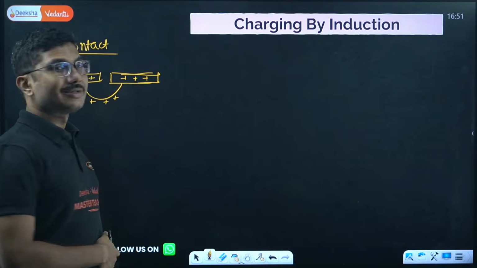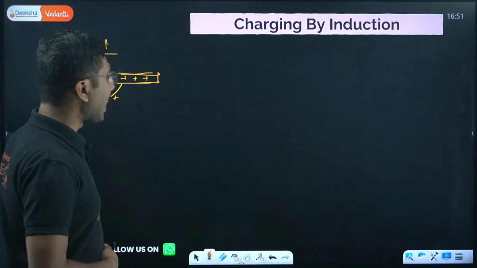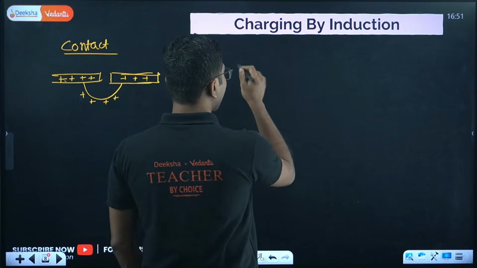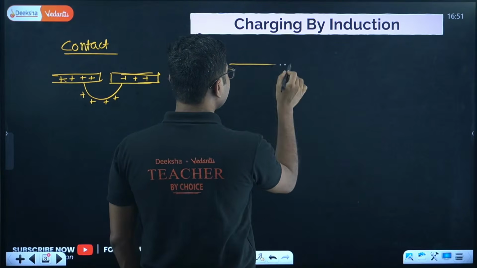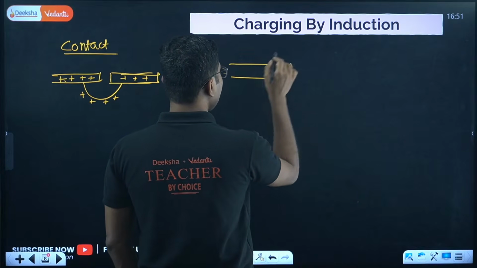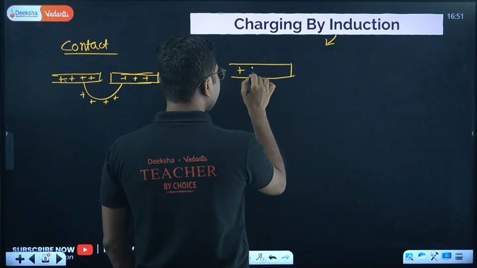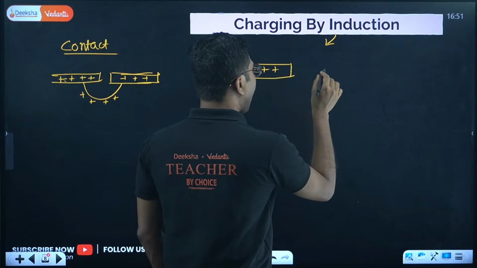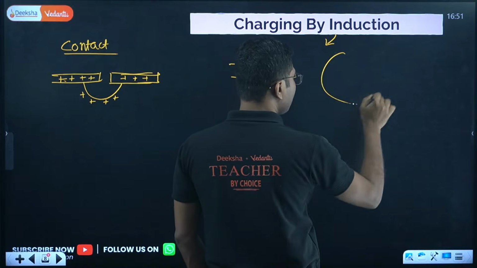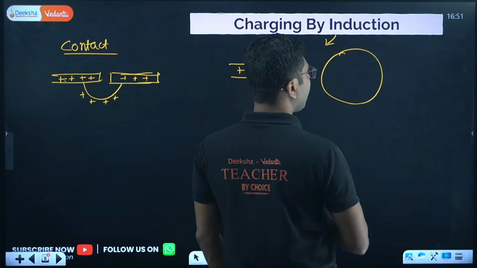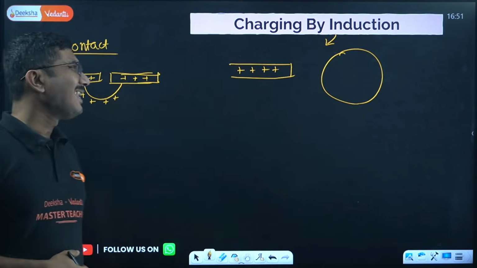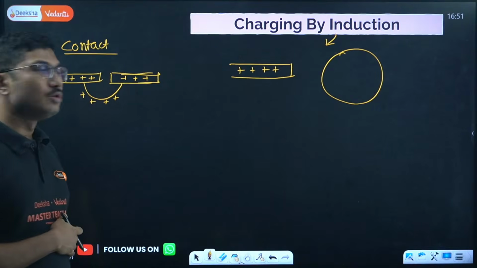Now what about charging by induction? Charging by induction is a very interesting process where we have a charged object and we have an uncharged object, and there is no contact.